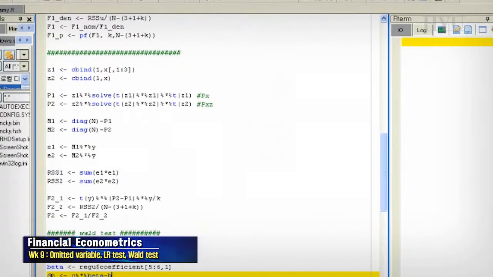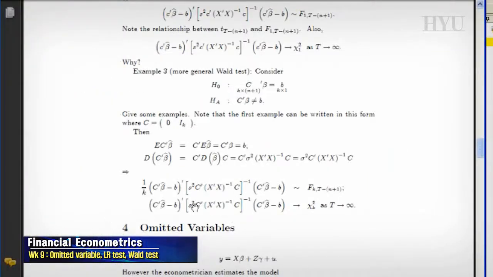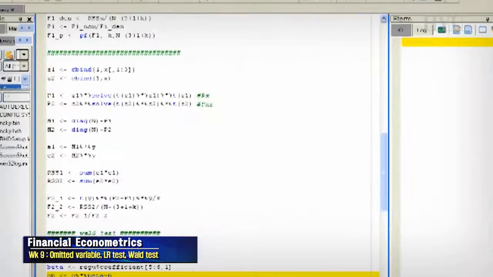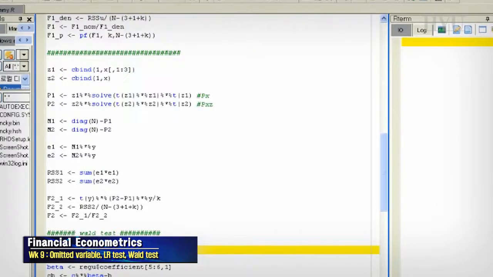So conveniently Cb is just a constant, and I have to construct this part. Actually, to match the notation, let me use C, which is the coefficient for everything.